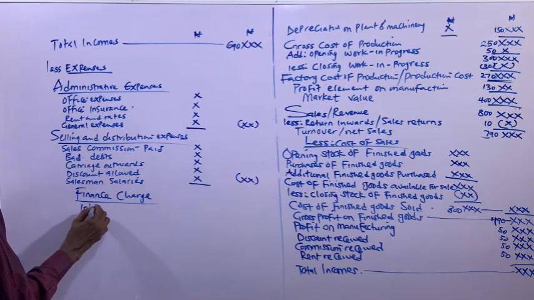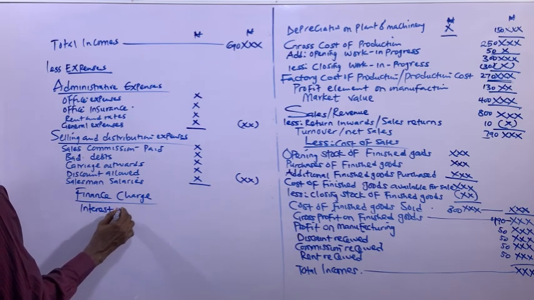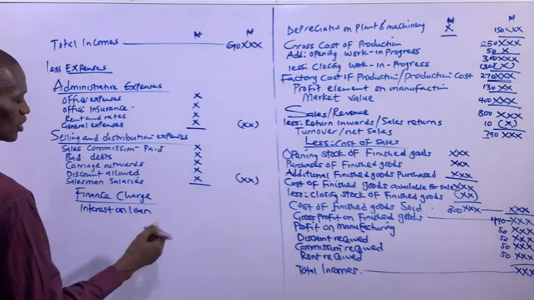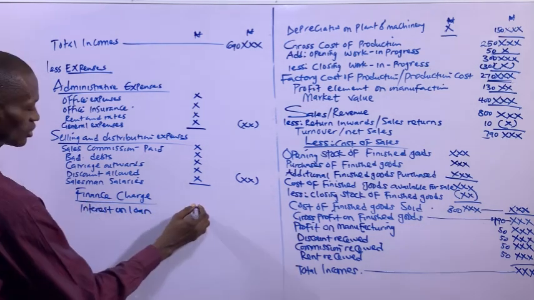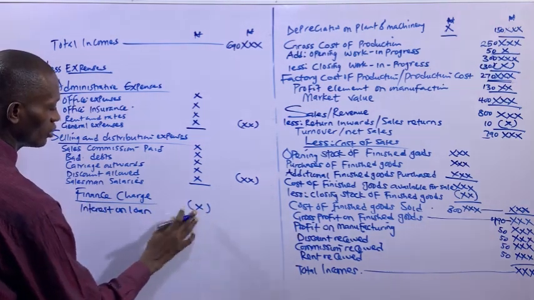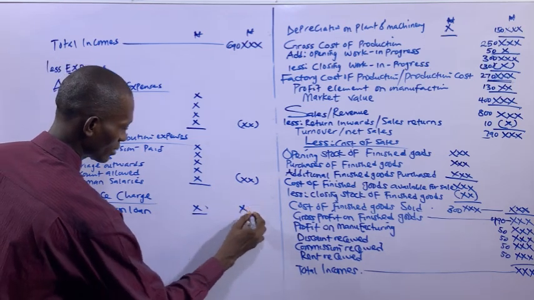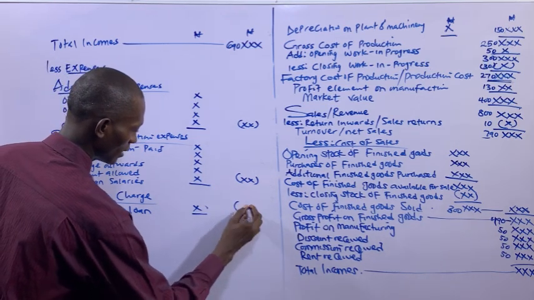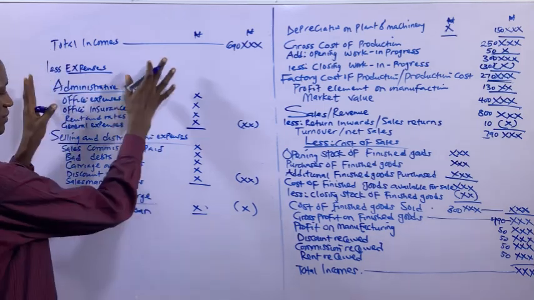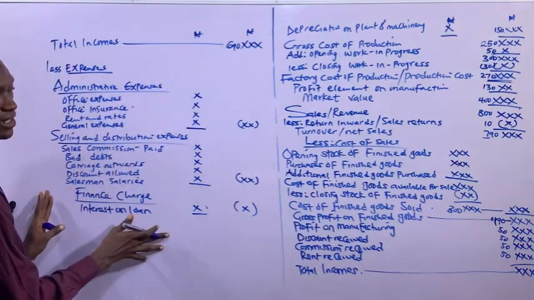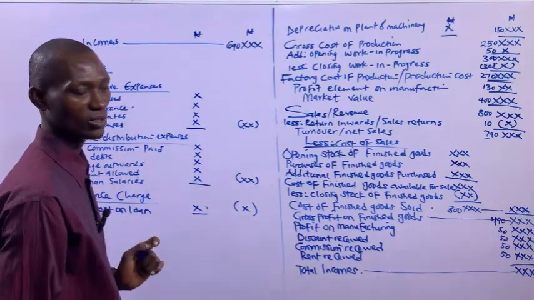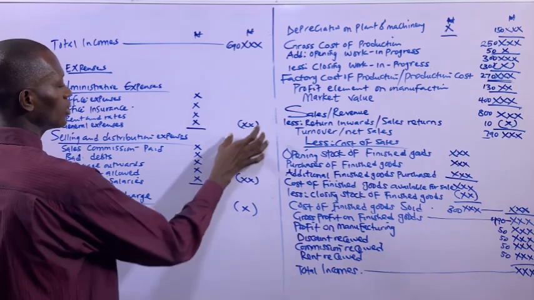So interest on loan basically is the only expense you have here. Then you transfer it here. So these are all the classifications, the headings of all the expenses in a manufacturing concern. So add all this.